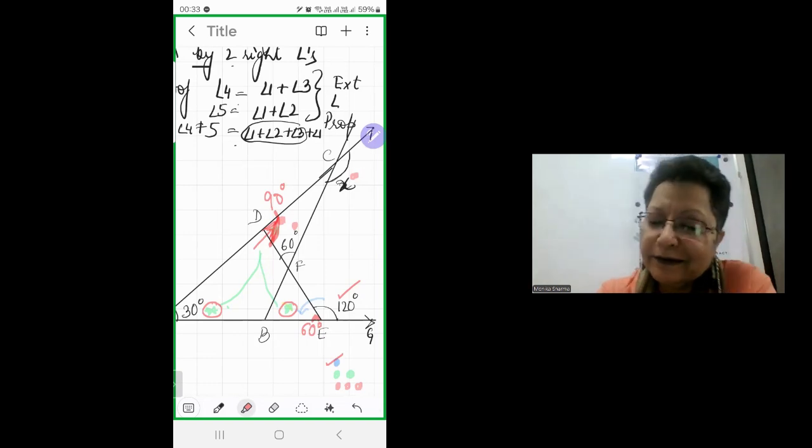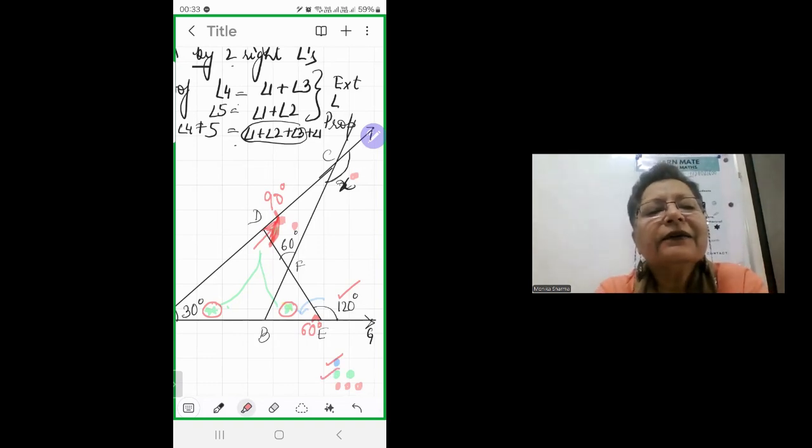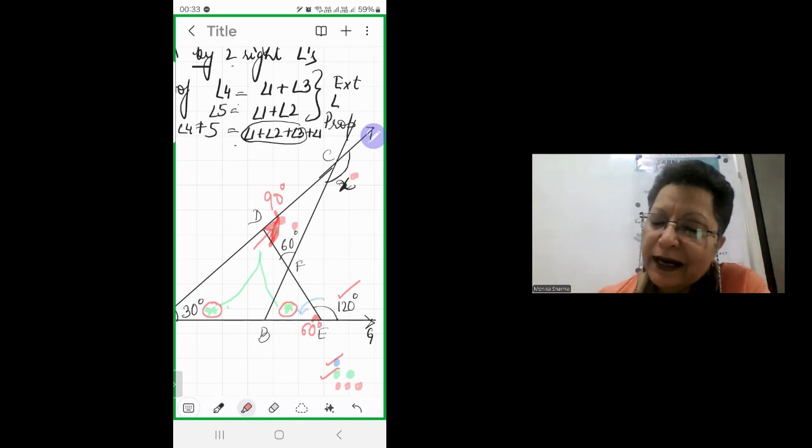Now, let's move on. So I've been able to finish the blue. I've been able to finish the green. Now let's look at the final pinks.